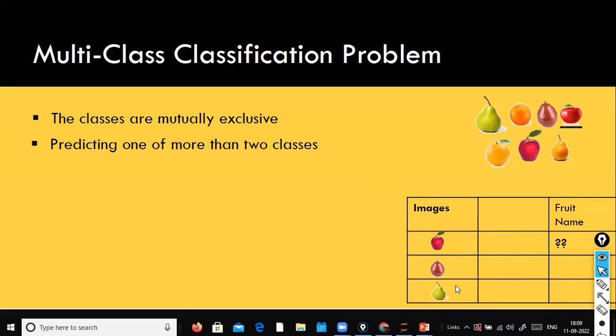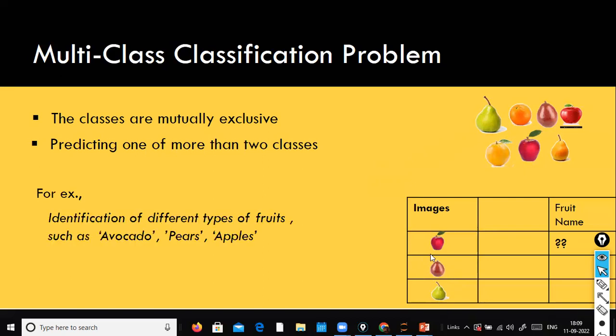Though the color is different, the features are the same. When you train your model, the model not only learns the label, it learns the pattern also. So this is an apple and these are pears. In the case of avocado, it should assign accordingly. You have to group or classify the given images into multiple classes.